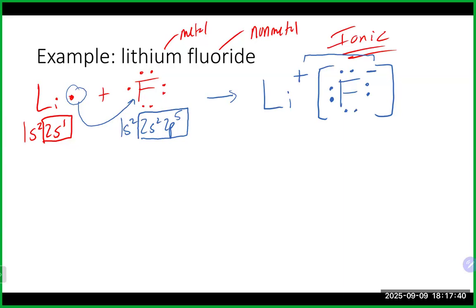So what happens to our lithium? Well, our lithium basically sent this electron here over to here. The result of that is now lithium with a +1 charge no longer has that, and it has an electron configuration of 1s2. And if we look on the periodic table, the one with 2 electrons is helium, which is a noble gas.